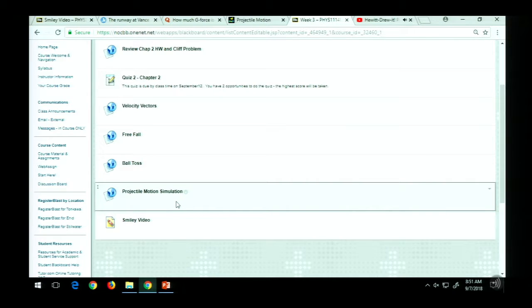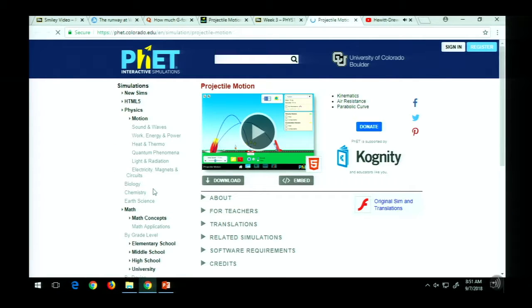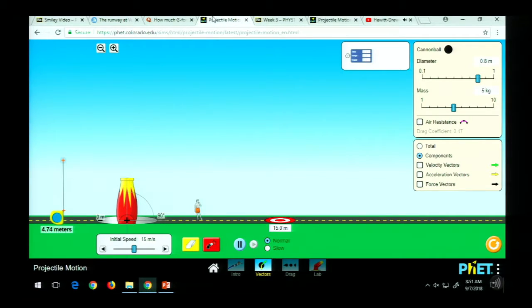If you click on that little link, it's going to take you right there. All I've done is clicked the little start button, and that's where I'm at. And then I played with the cannon. So we can start with, the first thing is that when you guys do this, we're going to make the assumption that we have no air resistance. This actually figures in air resistance for us.